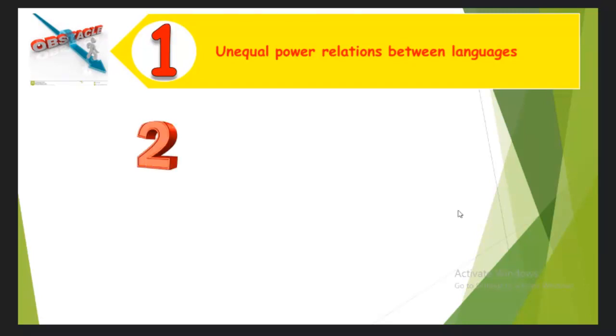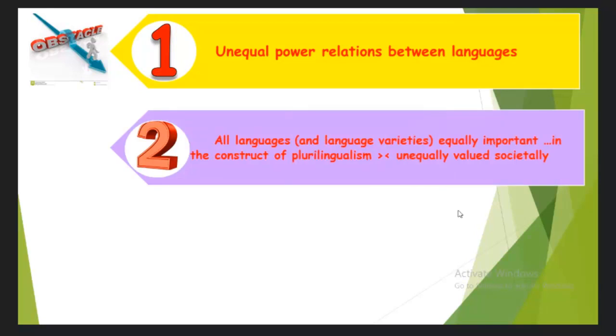The second one is that all languages or language varieties are equally important, but in society, in fact, they are not of equal value, right? Why so? Because it's affected by many social factors like people's will, or maybe human factors, or political or cultural aspects, something like that.